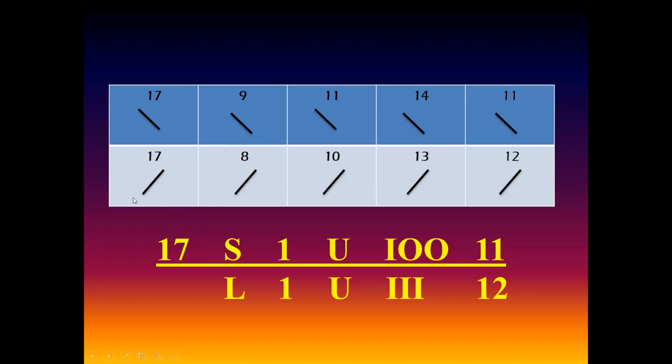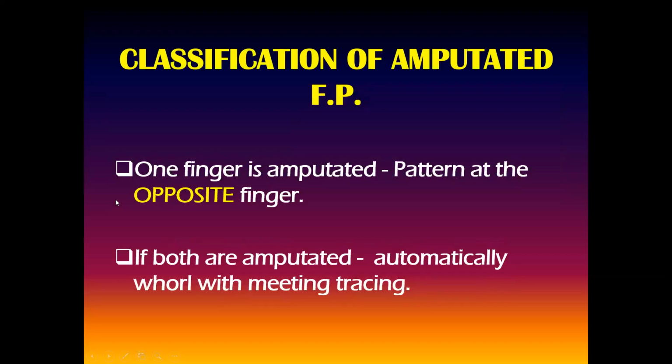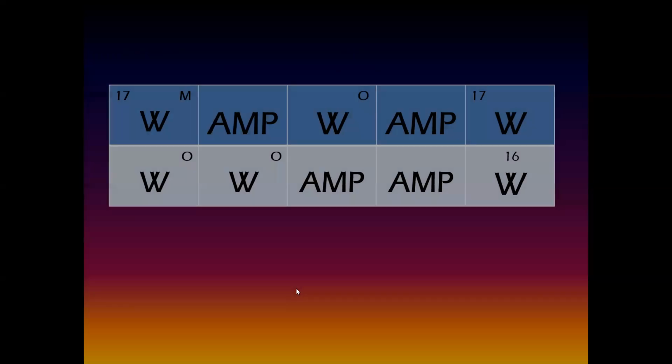Okay. What if the fingers are amputated? So if one finger is amputated, it will automatically assume the characteristic of the opposite finger. If both are amputated, let's say for example, both thumbs are amputated, then both thumbs are given the automatic classification of plain whirl with meeting tracing.